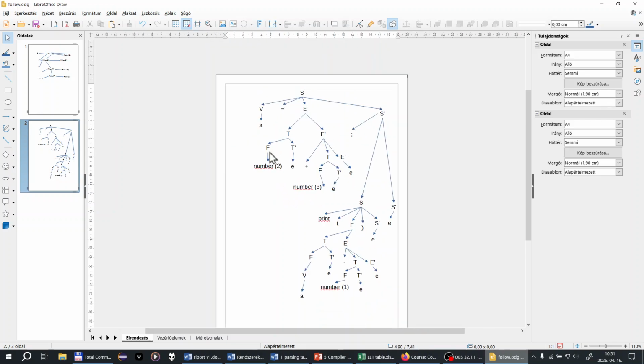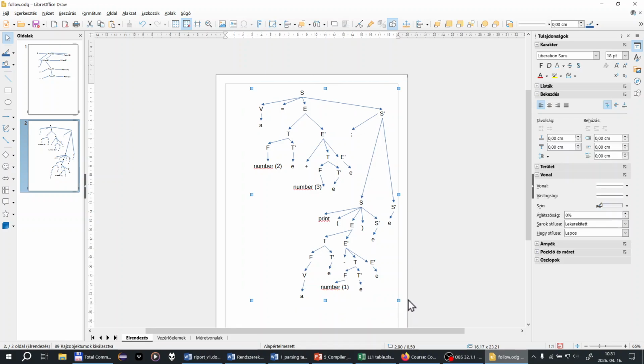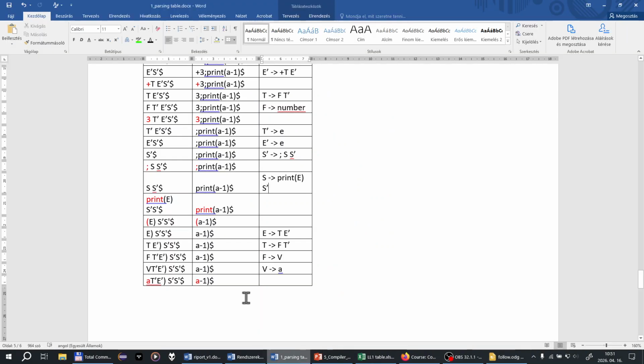Okay, so this is the parsing table what we have at the end.